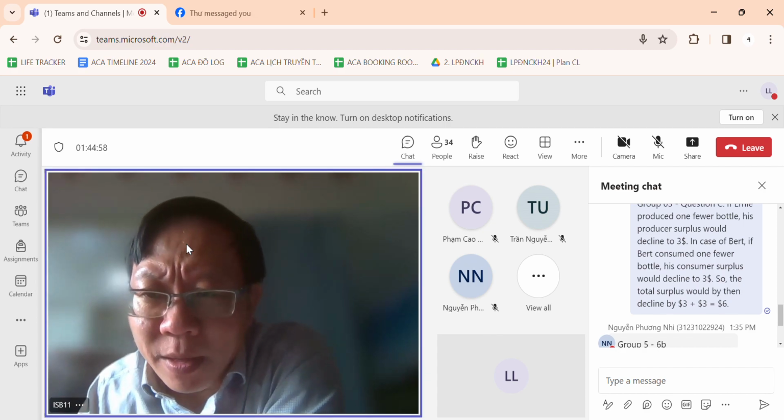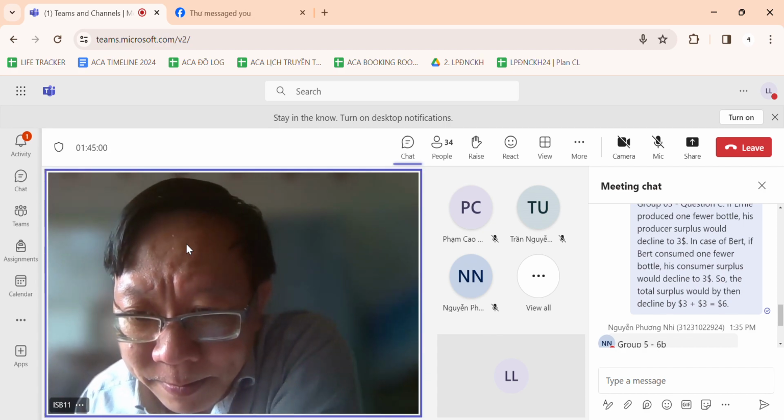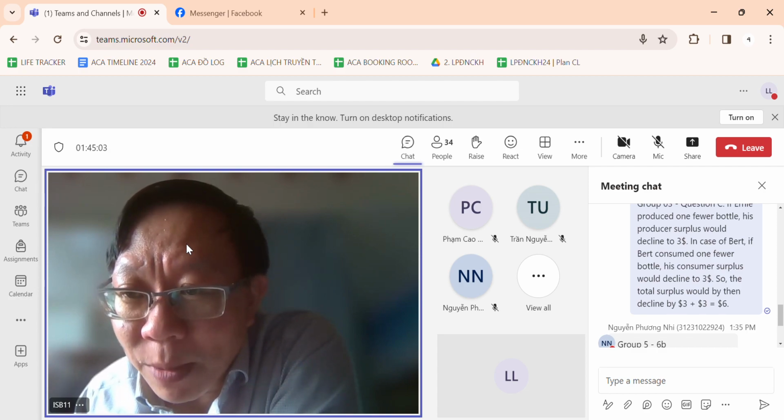So before, total surplus is $8, and now total surplus is how much? Group 3.